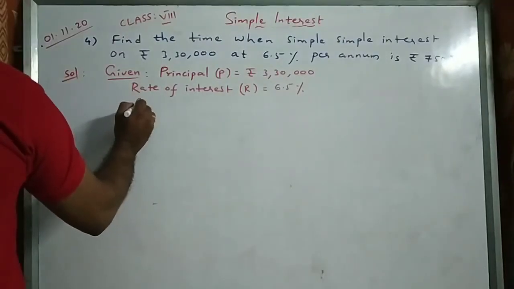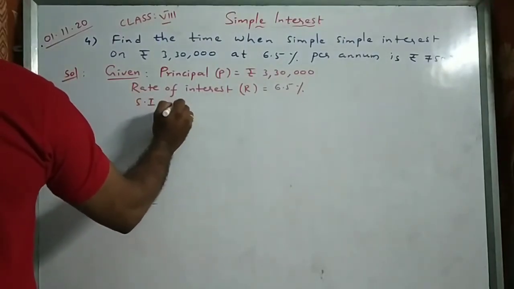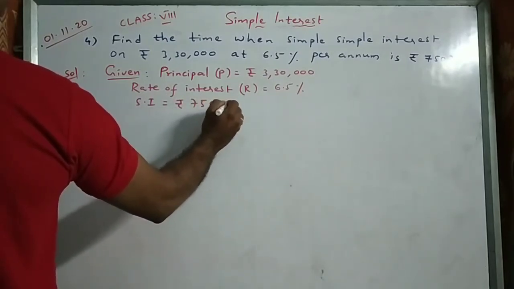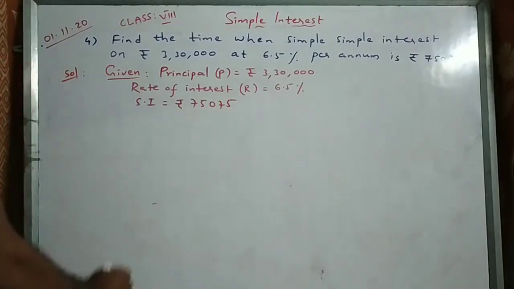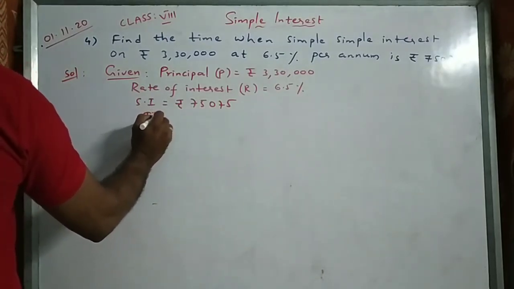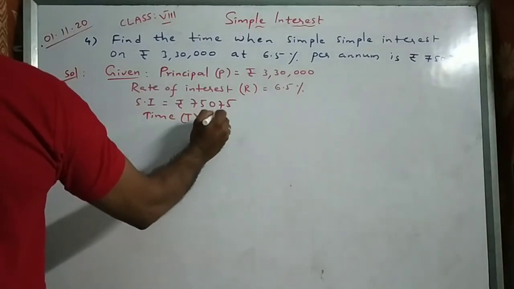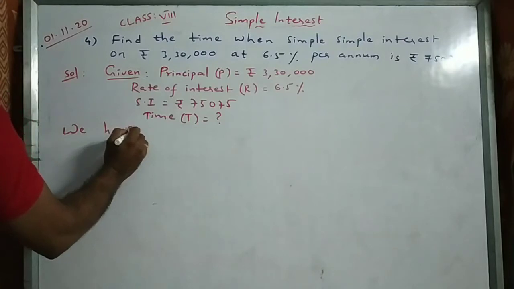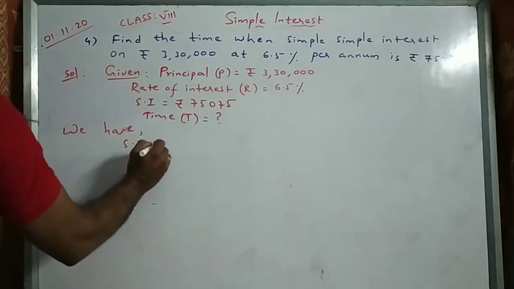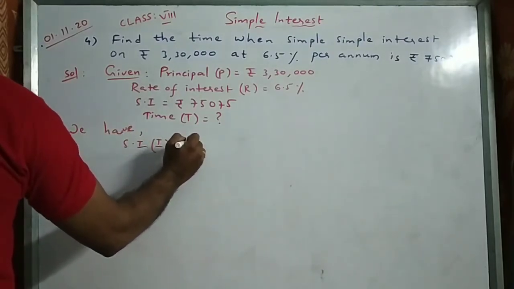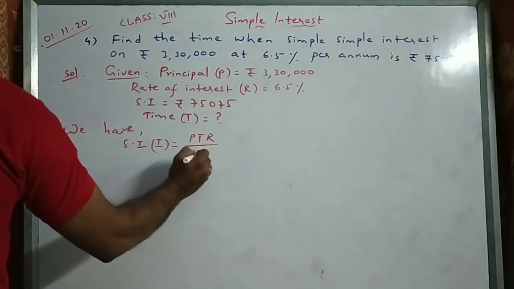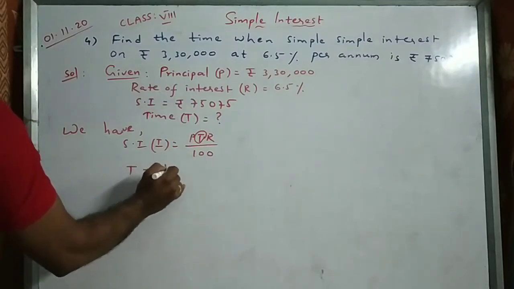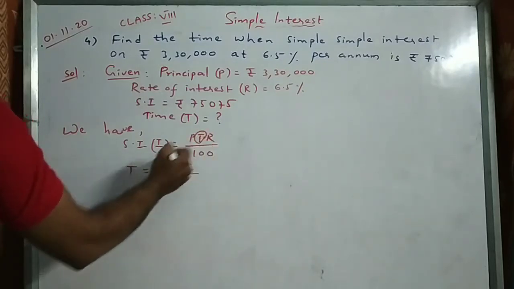Simple interest is also given, rupees 75,075. Time we should find. That is missing here. We have simple interest formula PTR by 100. I want time. So put T here: 100I by PR, bring this side.